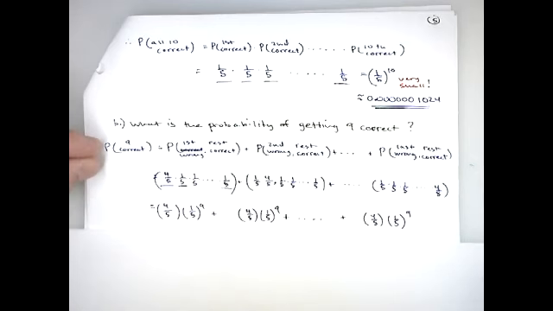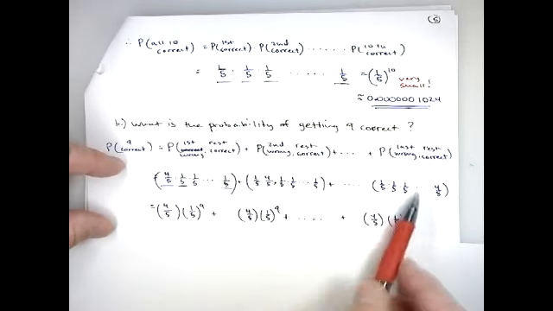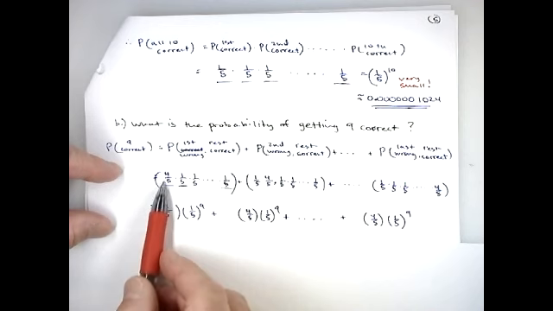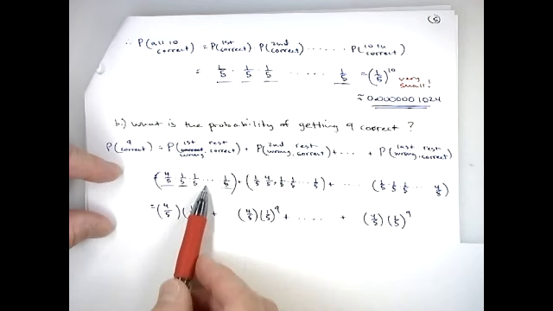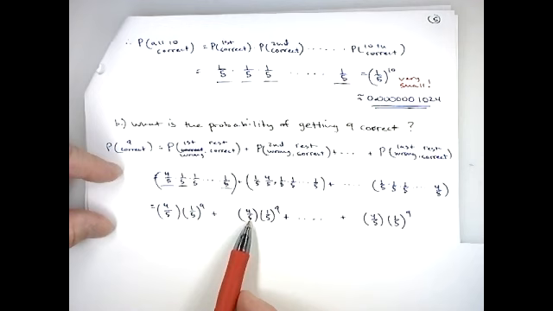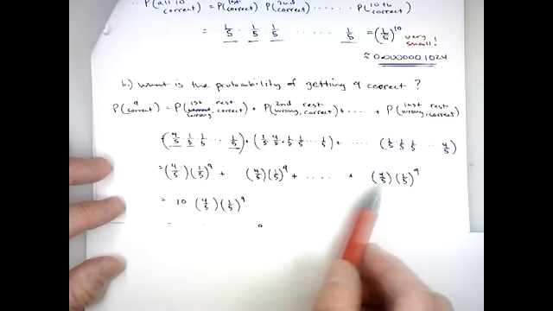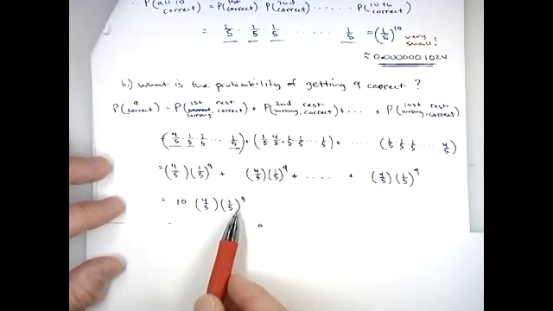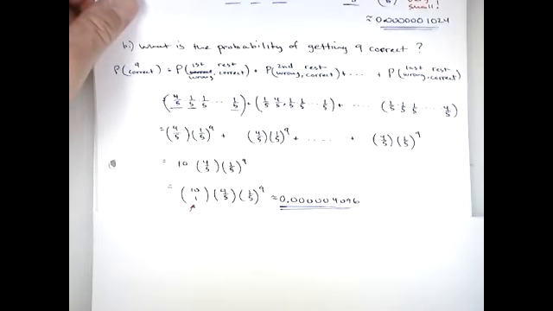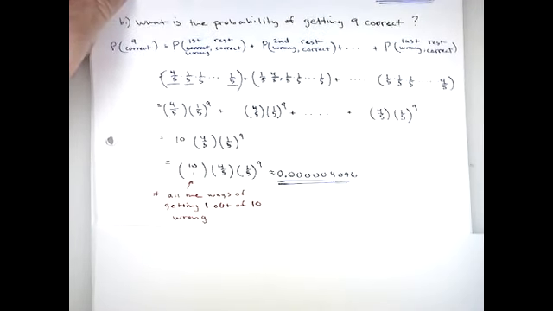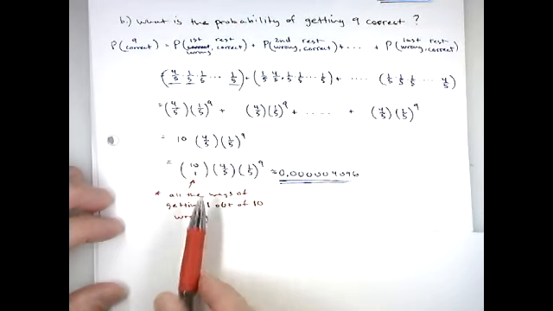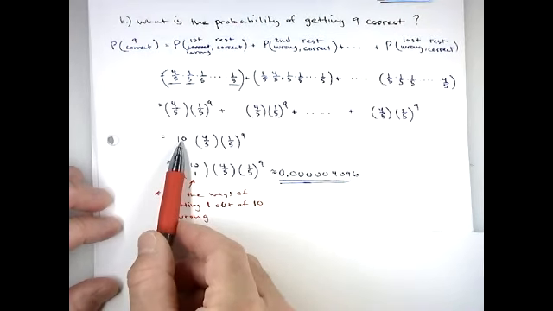Now, if you think about it, all of these are the same probabilities. You have 4/5 and you have 1/5 to the 9th, for all of them. So what we really have is 10 times 4/5 times 1/5 to the 9th. And another way to think of this, because this is going to help us with our next question, why 10?